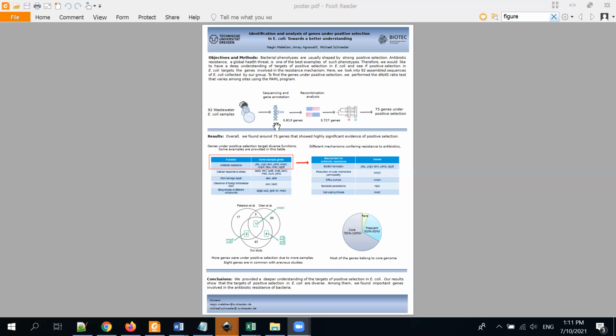And after applying the Bonferroni correction, we ended up with 75 genes under positive selection.